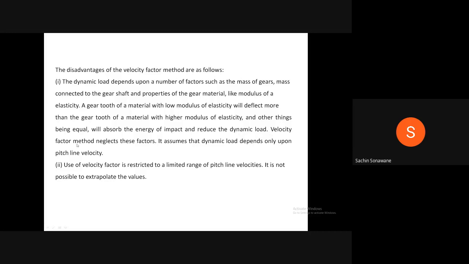Velocity factor method neglects these factors. It assumes that dynamic load depends only upon pitch line velocity. Second, use of velocity factor is restricted to a limited range of pitch line velocities. It is not possible to extrapolate the values.